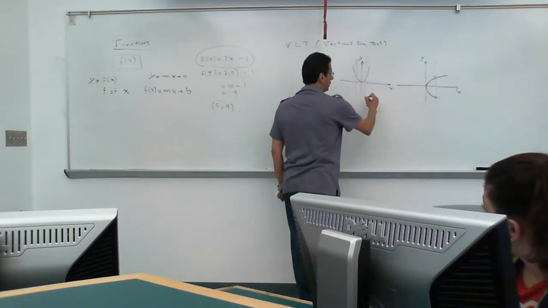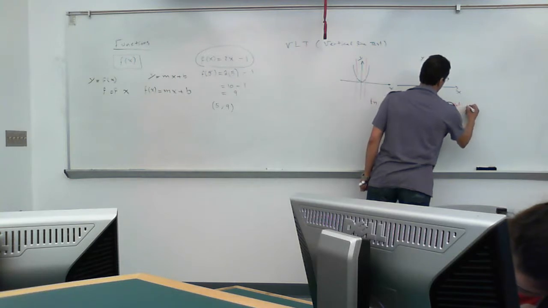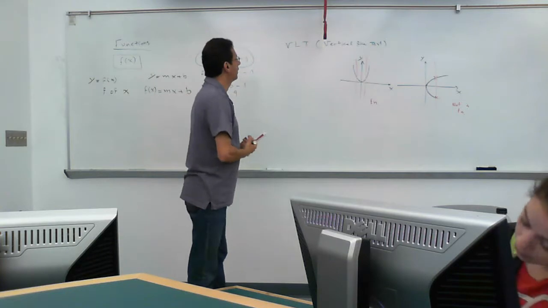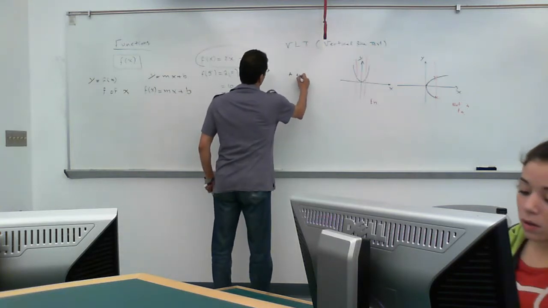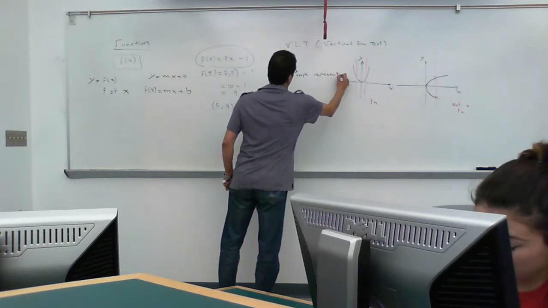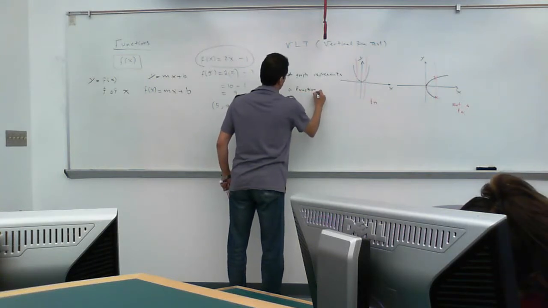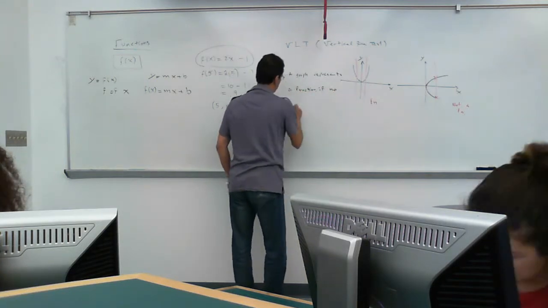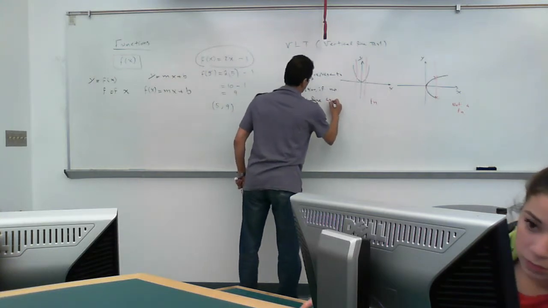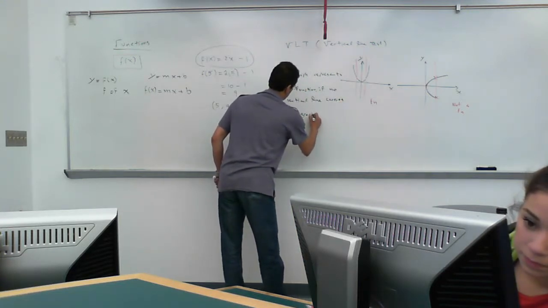How about this guy? So is this a function? Is this a function? So a graph represents a function if no vertical line crosses the graph more than once.